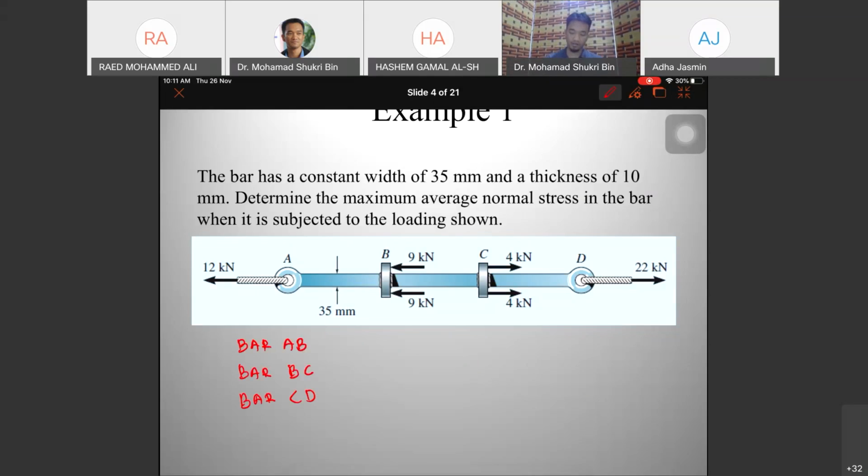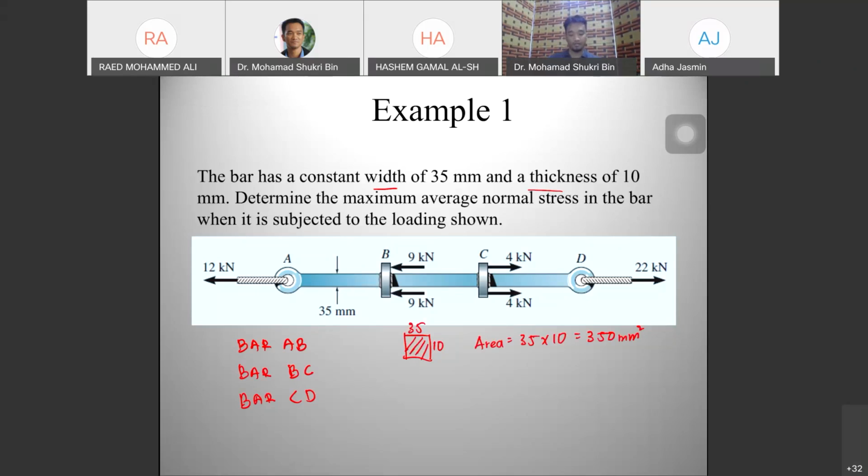All these have a similar width and thickness. That means they have the same cross section. This one is 35 and this one is 10. So the area is 35 times 10, which is 350 mm squared. That's the area for this bar.